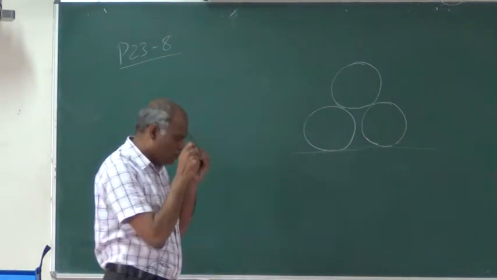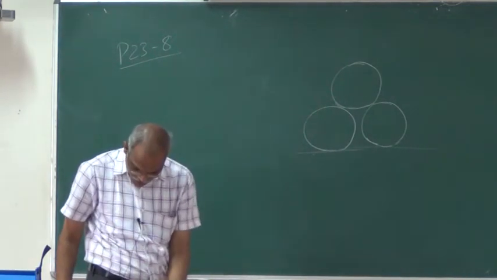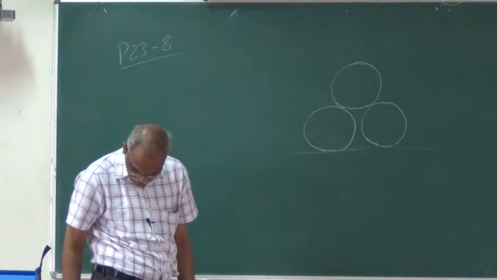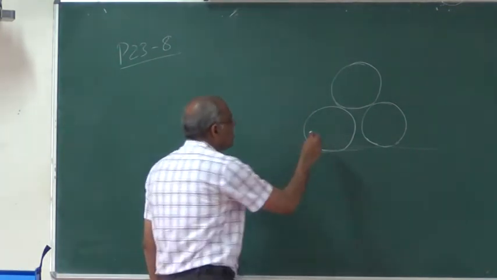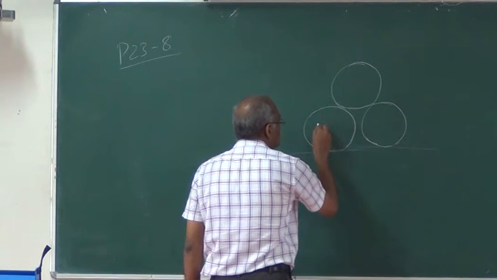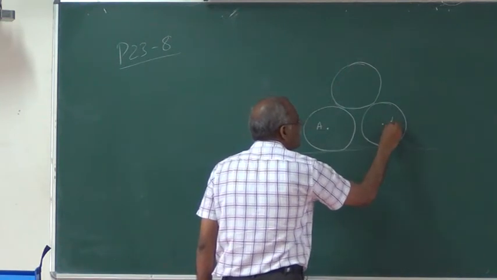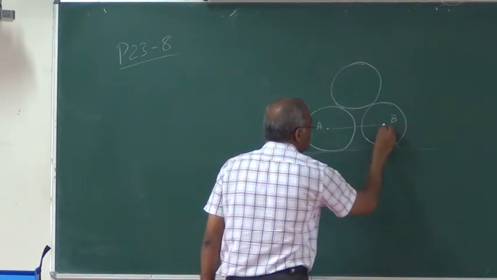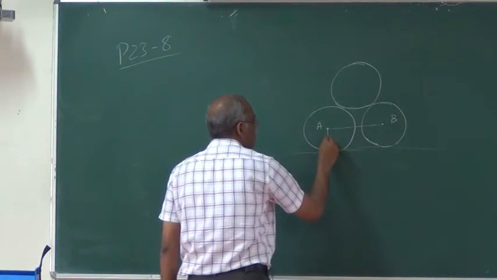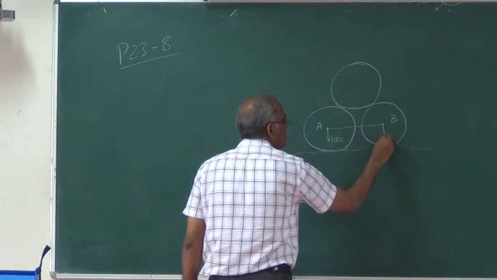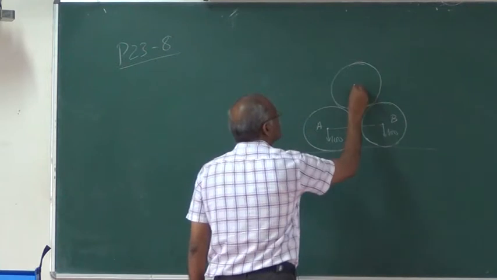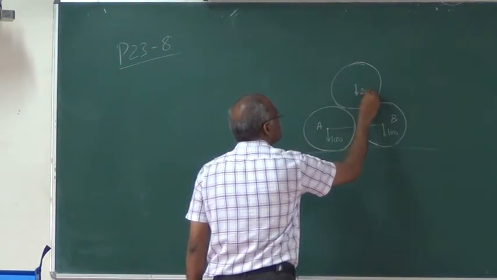The weight of the 2 cylinders, the ones which are on the floor, is 100 Newton. So this is marked as point A. This is B. There is a string which is attached. The weight of this is 100. This is also 100. This is 200 Newton.